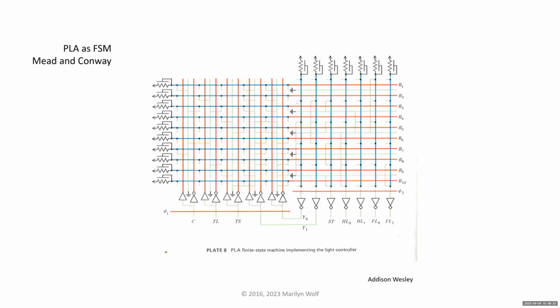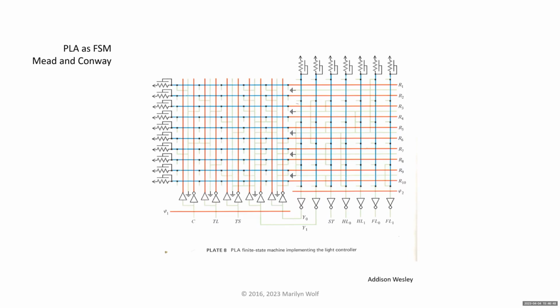So this is a PLA that's used as a finite state machine, from the Mead and Conway book. You can see down at the bottom that two of the outputs are connected to two of the inputs. And there's actually an extra transistor there to make a register. Okay, so that is the feedback required for the state machine.